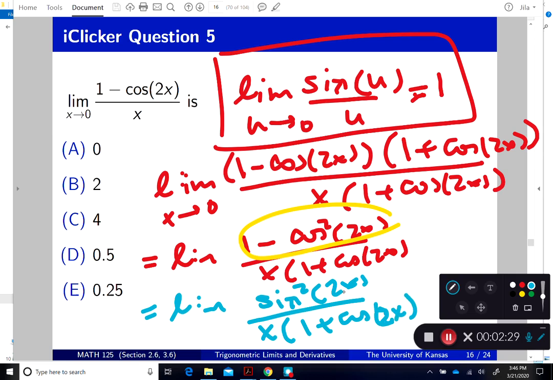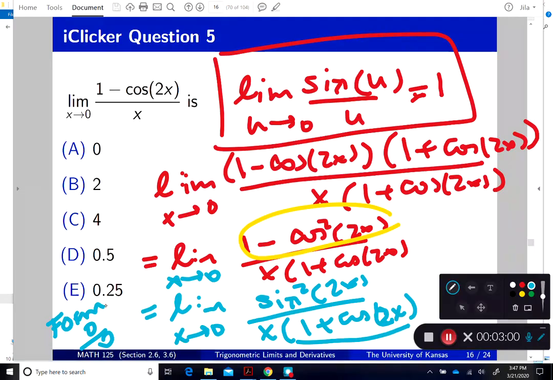Now this is a little bit similar, but when I plug in x goes to 0, this area becomes a non-zero value, and I still have the form 0 over 0.